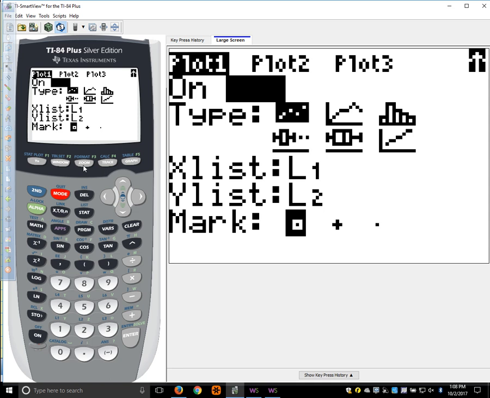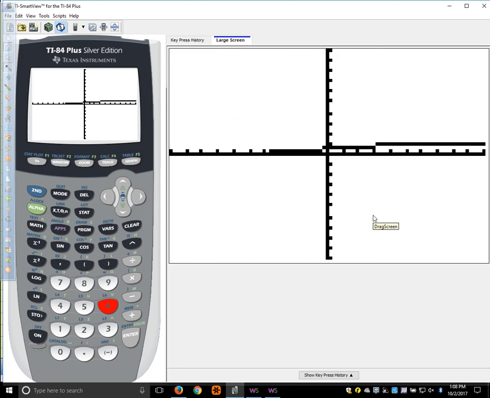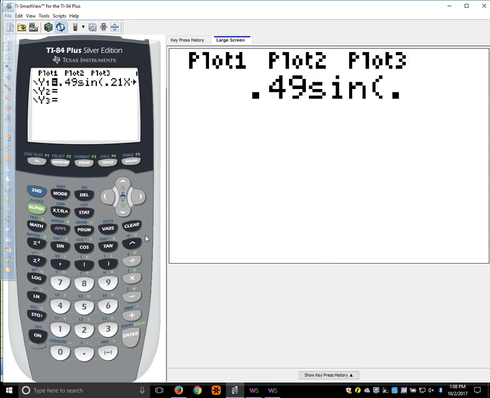And then you might want to do your window or zoom, do zoom standard, so your window is centered on 0, 0 again. So this would be just the very beginning part of that sine curve. And it only goes up between 0 and 1. So we're just getting a really small part of it there. And I'll clear that out. Clear.